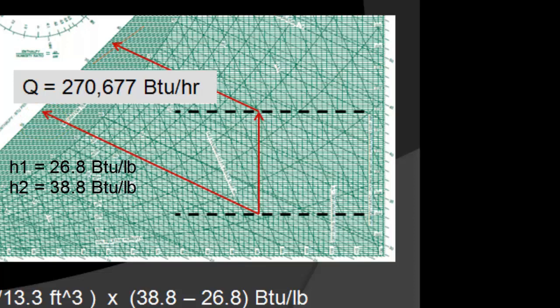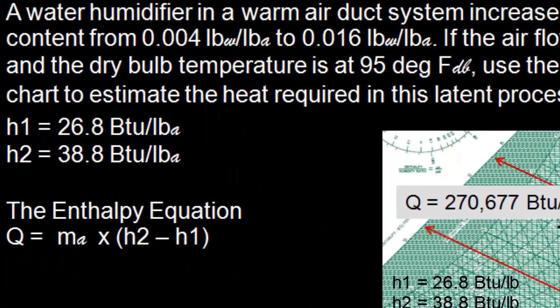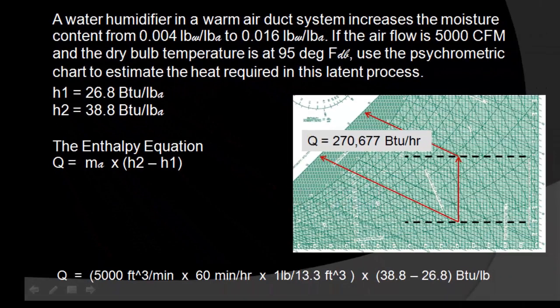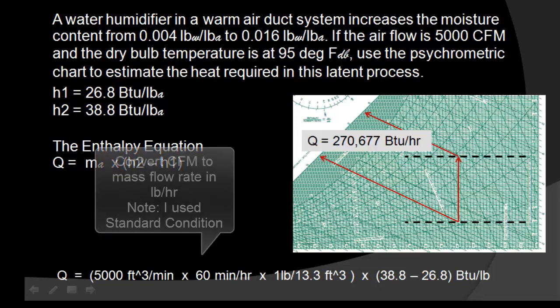And by applying the enthalpy equation, which is Q is equal to the mass flow rate of the air times the change in enthalpy, we can determine the heat required for this process. Please note that for this equation, to get our Q in BTUs per hour, the flow rate of the air is in pounds per hour, which is the mass flow rate.